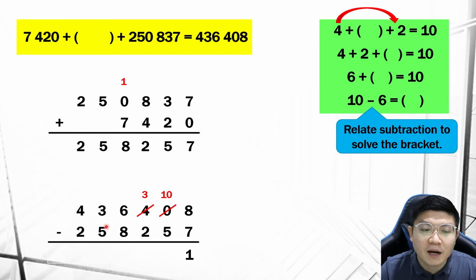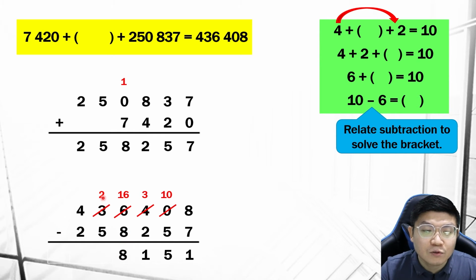Therefore, 10 minus 5, which you get 5. And 3 minus 2, which is 1. Now, 6 minus 8, not enough. I have to borrow from 3 here. So it becomes 2. And here, the 6 becomes 16. 16 minus 8, which you get 8.